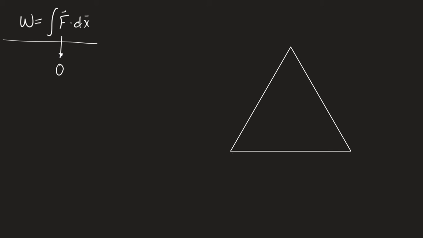So I'm going to bring the 2Q charge in from infinity and place it here, and I will say that no work was done bringing that charge into place. We good?